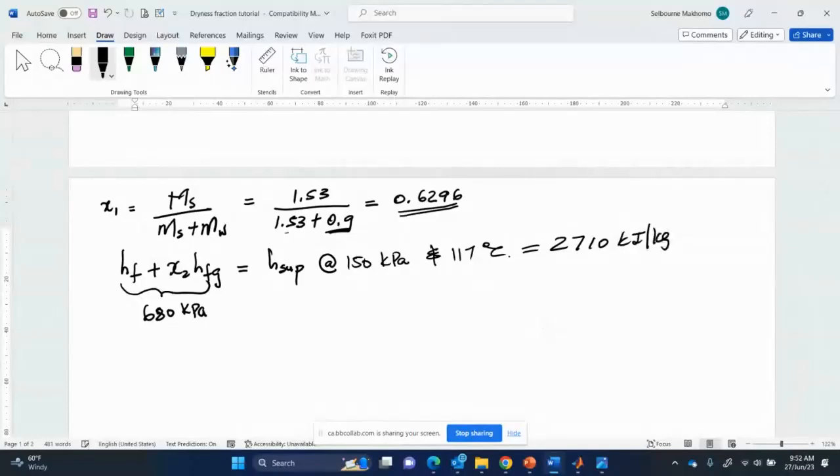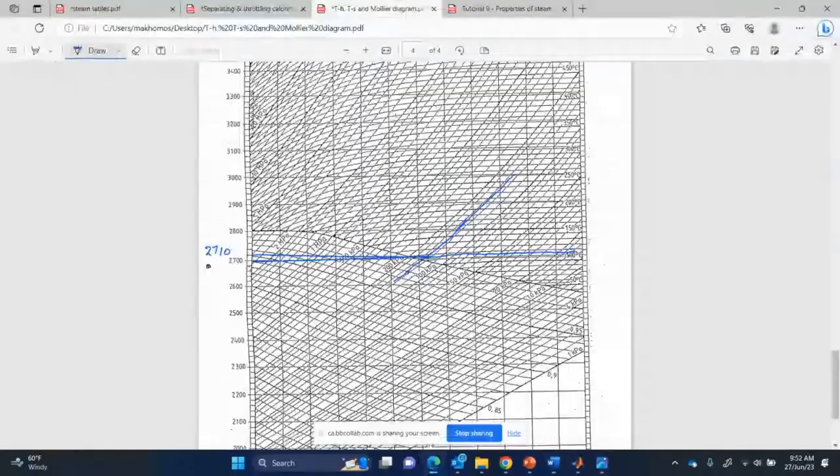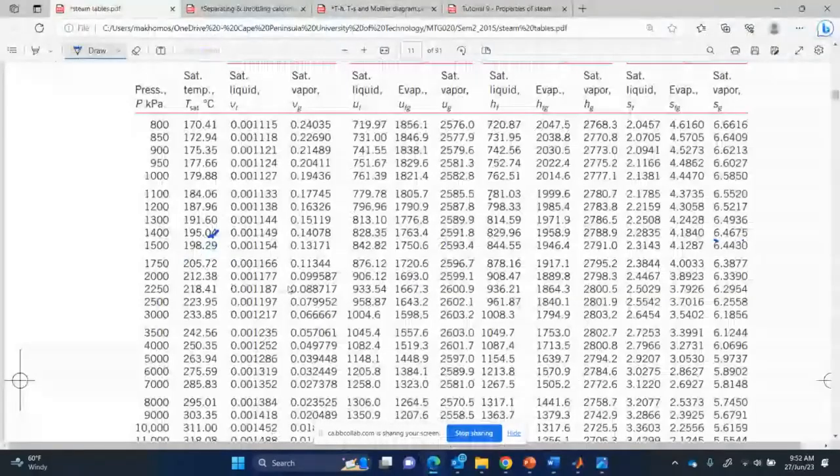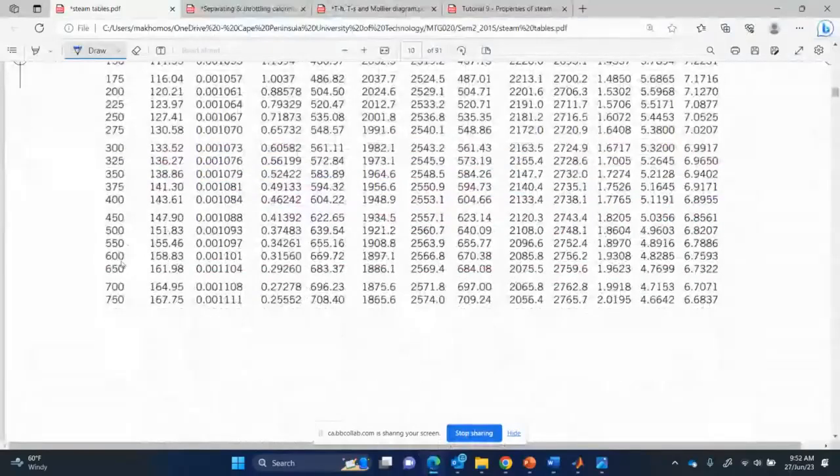Now here is the problem. We have to determine HF and HFG at 680. Let's go to the steam tables and check if we do have steam at 680. Here is 600, 650, and 700. Now we have to interpolate. Interpolate something that the students don't want to do, but we have to interpolate.